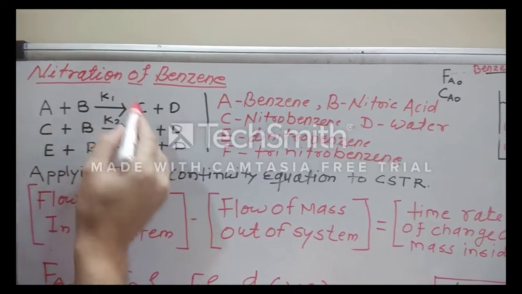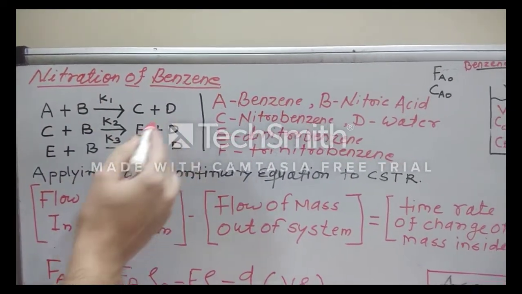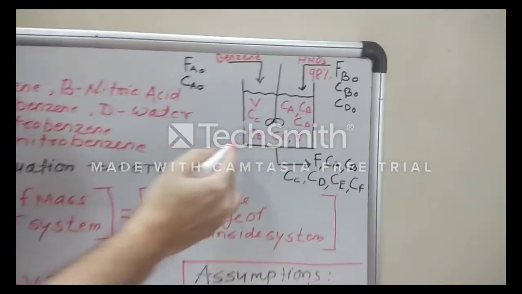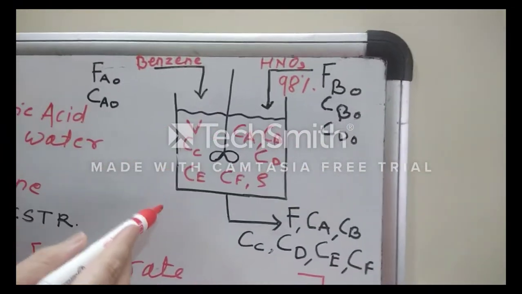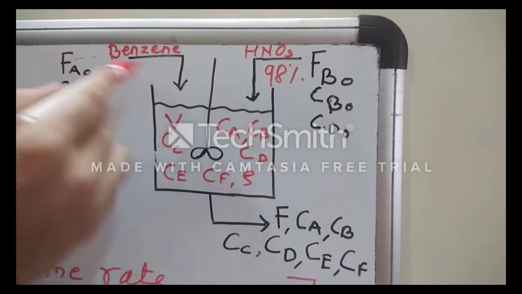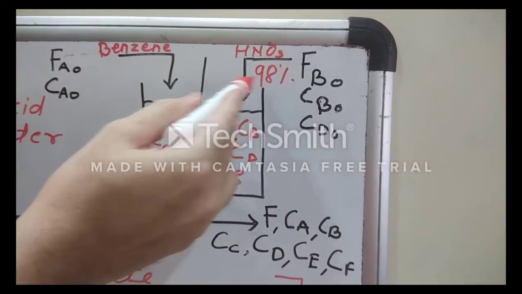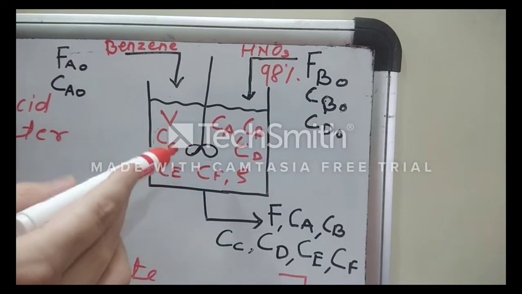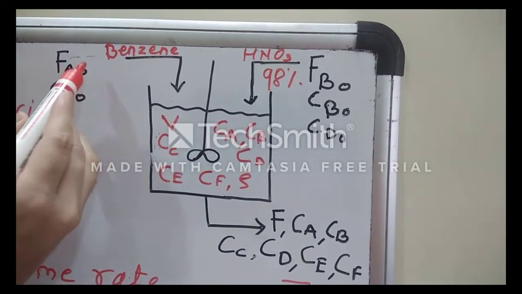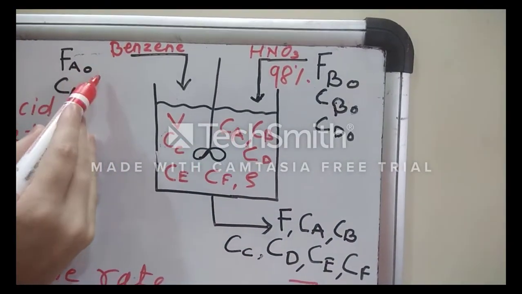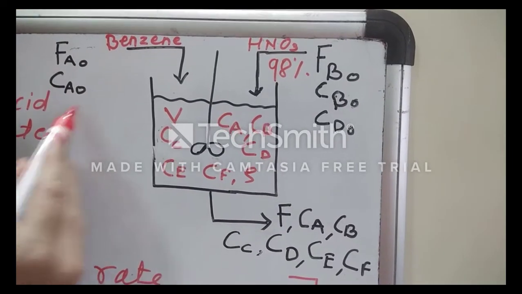Now this sequential reaction takes place in the continuous stirred-tank reactor system. Here, these two streams, pure benzene and 98 weight percent nitric acid, are coming into the CSTR. Here, Fa0 is the inlet flow rate for benzene, and Ca0 is the inlet concentration.